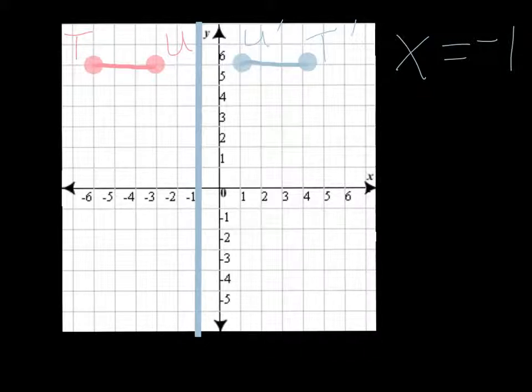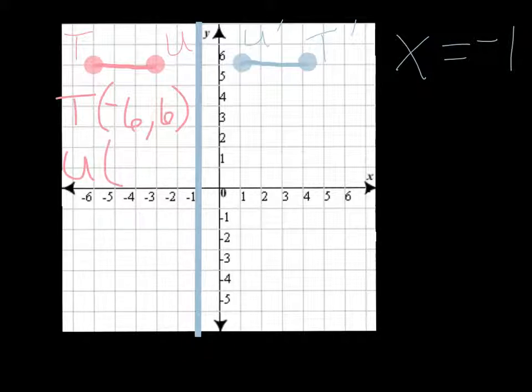Okay, now I'm going to write the coordinates. So T is at -6, 6. 1, 2, 3, 4, 5, 6. Just counting, making sure.